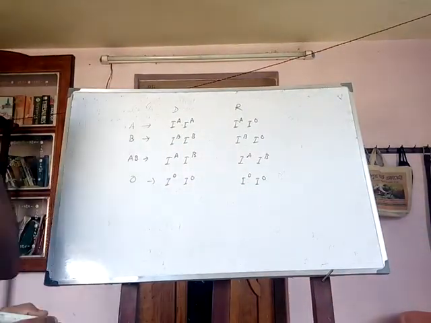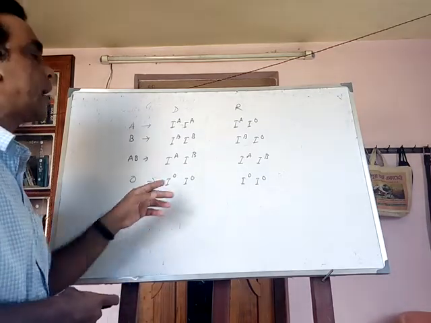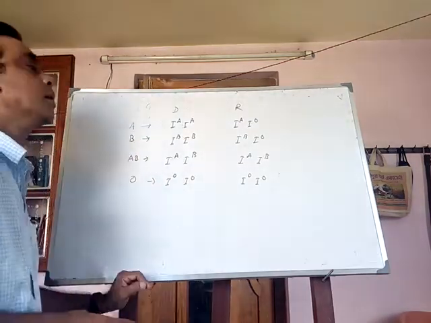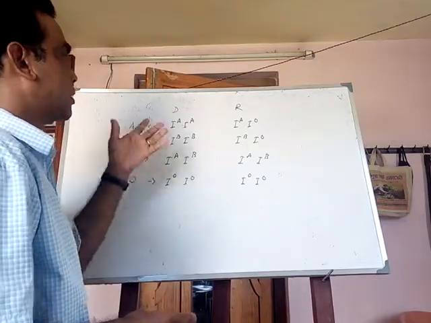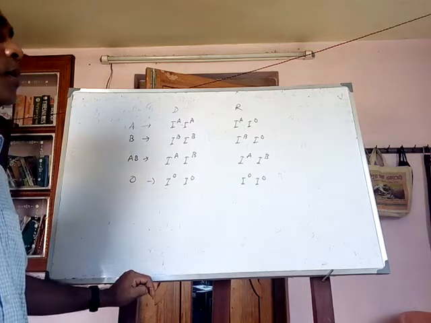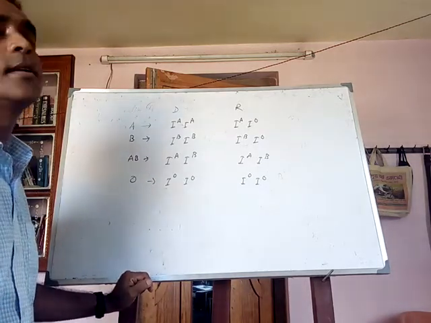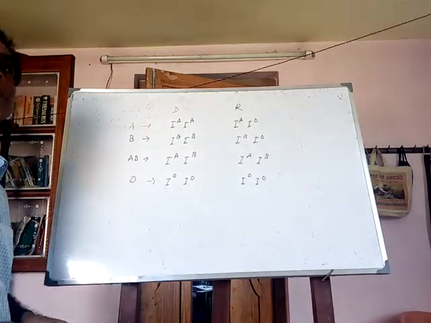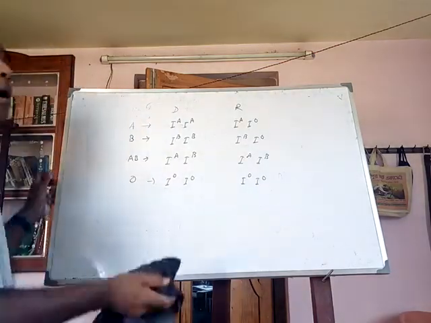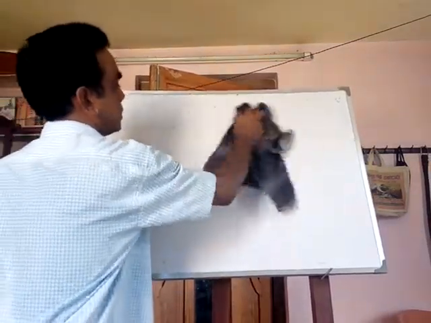Only AB and O groups can express the same dominant and recessive factors or alleles, but the A and B can express separate types of alleles at the dominant and the recessive stages. That is the division of Mendelism.